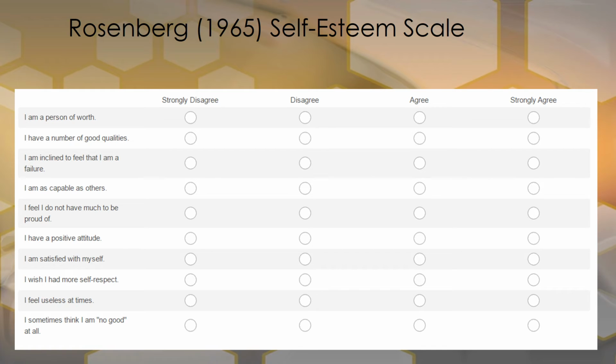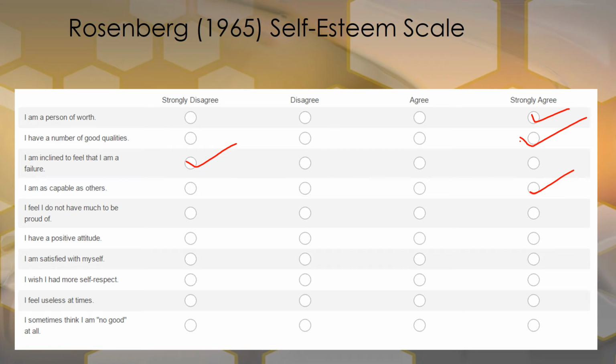So they're going to pick strongly agree. I have a number of good qualities. I strongly agree with that. I am inclined to feel that I am a failure. They're going to say they strongly disagree with that because that's kind of saying I have bad self-esteem. It's the reverse. And then you're going to keep going.